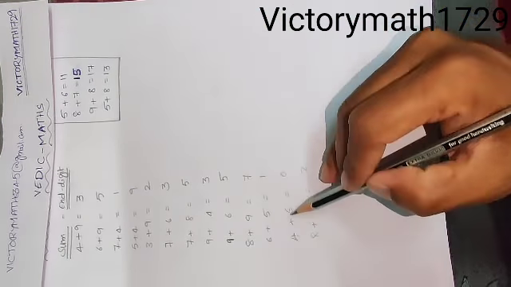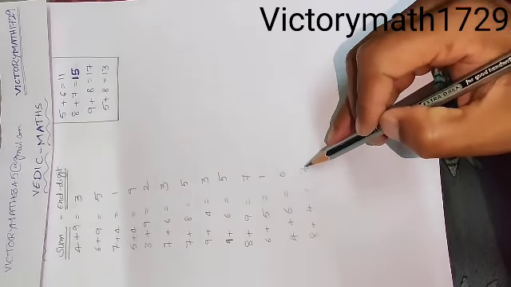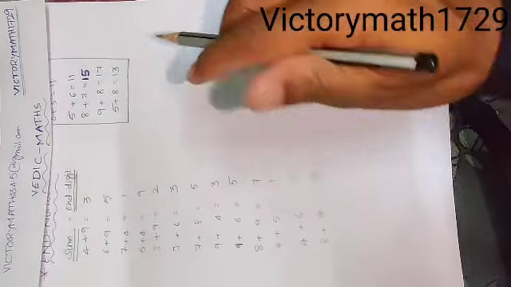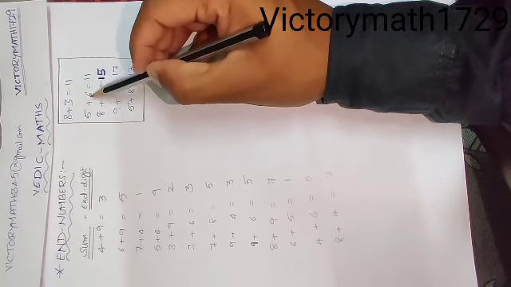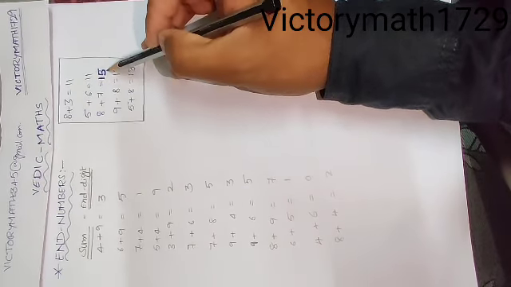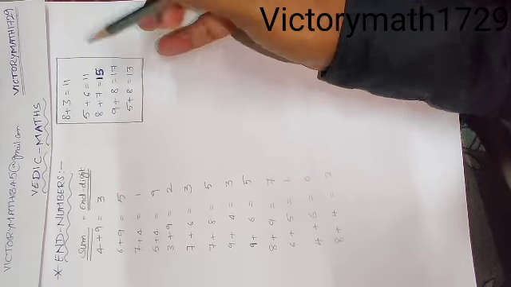Why 0? 4 plus 6 becomes 10, so the units place is 0. 8 plus 4 is 2. Similarly, in the box on the right side, 8 plus 3 is 1, 5 plus 6 is 1, 8 plus 7 is 5, 9 plus 8 is 7, 5 plus 8 is 3.